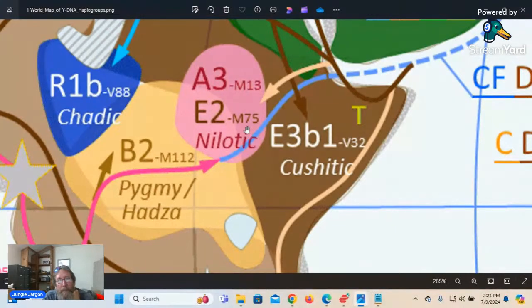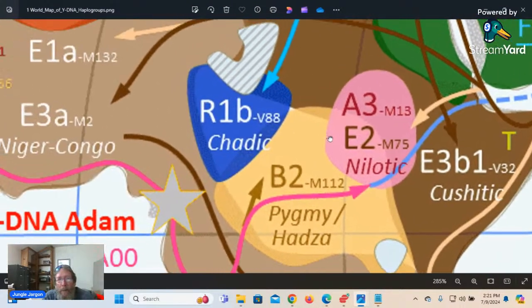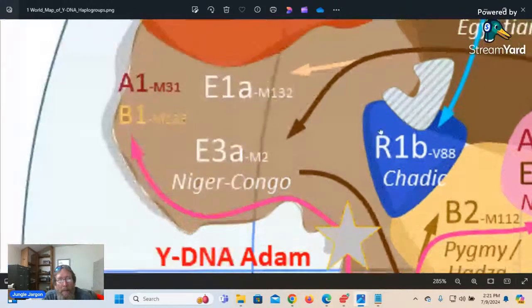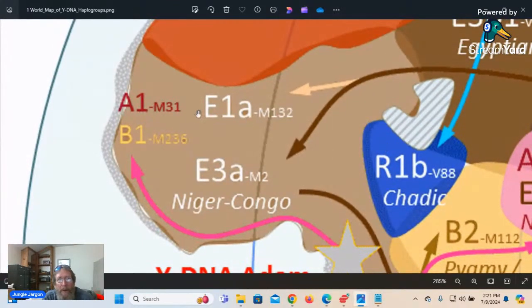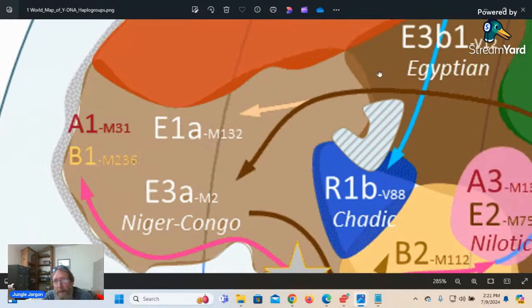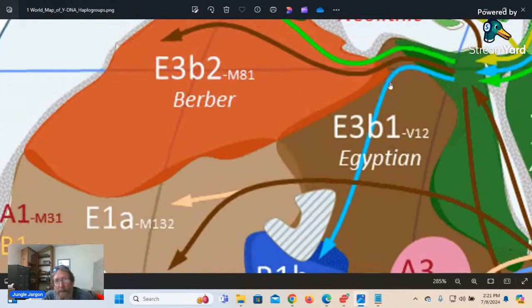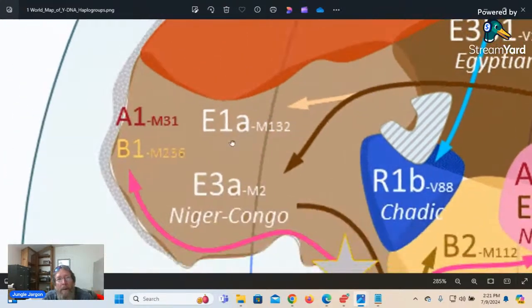E2 would be, as far as I can tell, the remnants of Canaan, the Canaanites. E1, which is over here somewhere, would be the original Phoenicians who used to be on the northern coast of Africa, but I guess they migrated all the way down here.